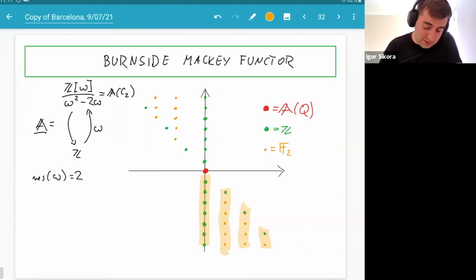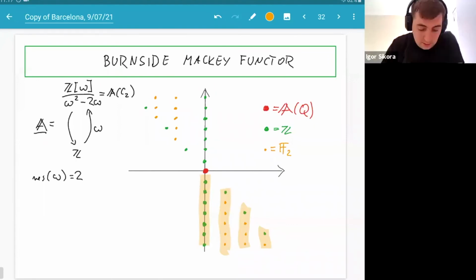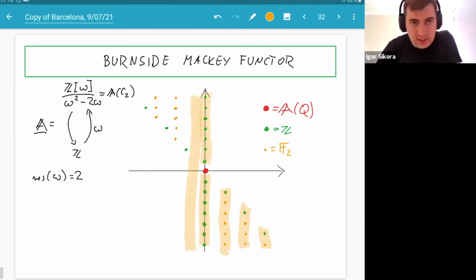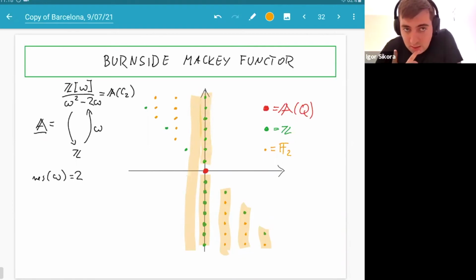So the columns corresponding to x equal 1, 3, and so on are always 0. Again, the column corresponding to -1 is also 0. And we have non-trivial entries above 0 on the y-axis. And also we see 3 different groups appearing over here: the Burnside ring, Z, and F2.